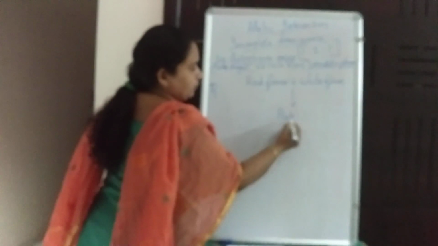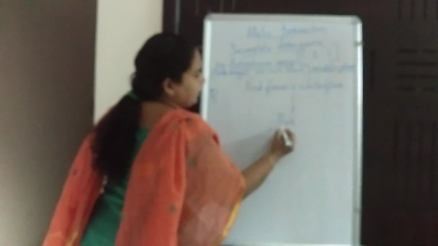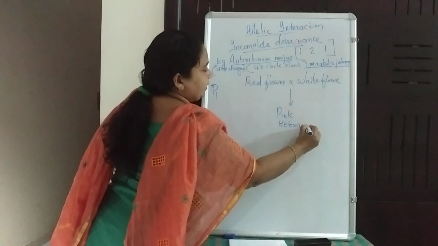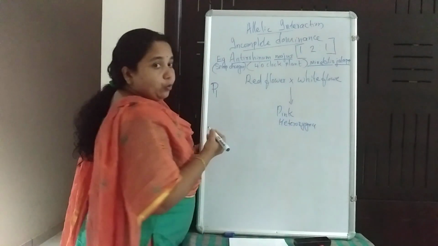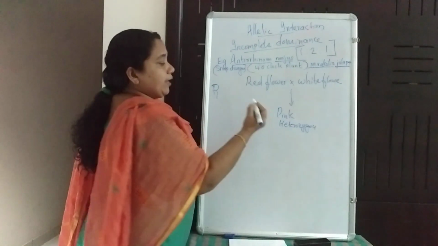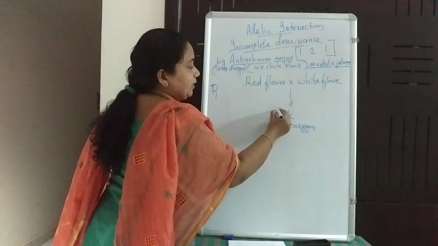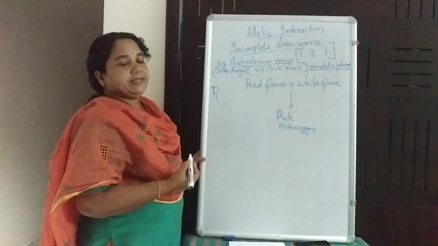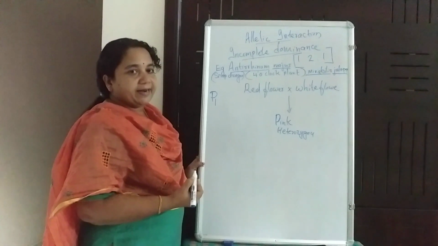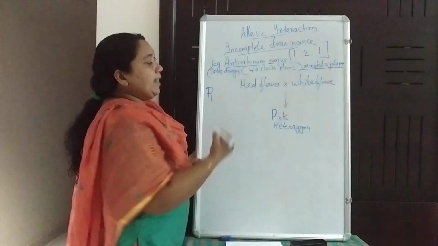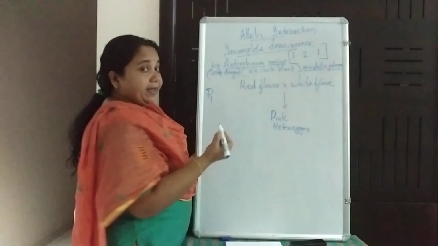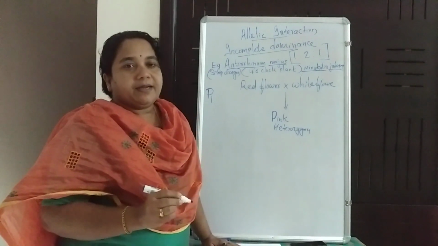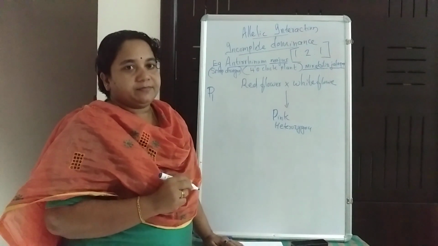It is found that this is heterozygous. Even though it is heterozygous with a dominant color, it cannot express the dominant character completely. The dominant allele is affected by the recessive allele.